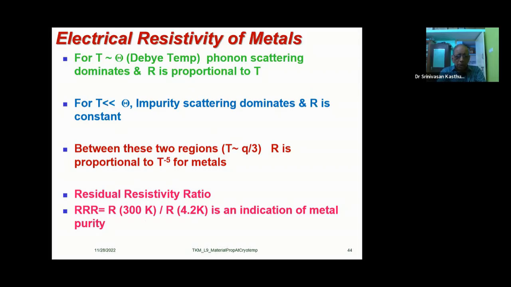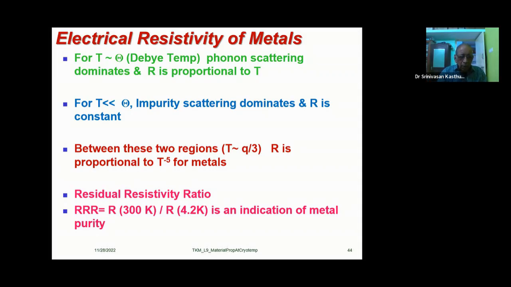Now, for temperatures of the order of the Debye temperature, we have seen the Debye temperature where the specific heat keeps on decreasing. For temperatures of the order of the Debye temperature, phonon scattering dominates, and the resistance is simply proportional to temperature. For temperatures much less than the Debye temperature, impurity scattering dominates, and the resistance is nearly constant.